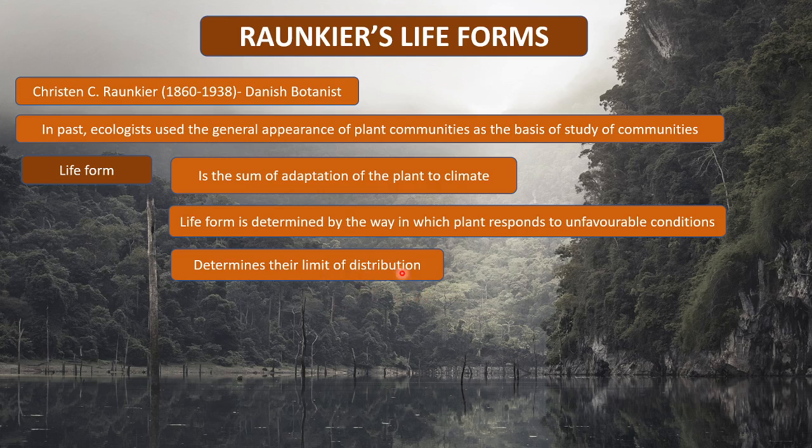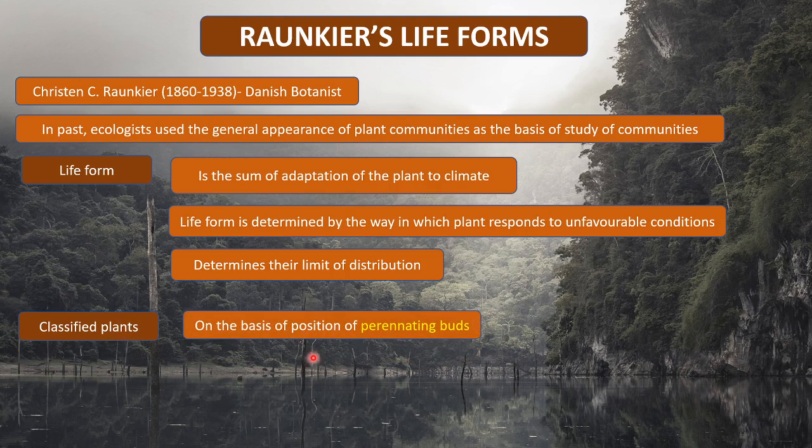Obviously there would be less distribution. And if the plant responds well to the unfavorable condition, right, if it has ways to respond, then its distribution would be more because it has adapted to that unfavorable condition. So this determines the limit of distribution. Now Raunkiaer classified the plants on the basis of position of perennating buds, right?